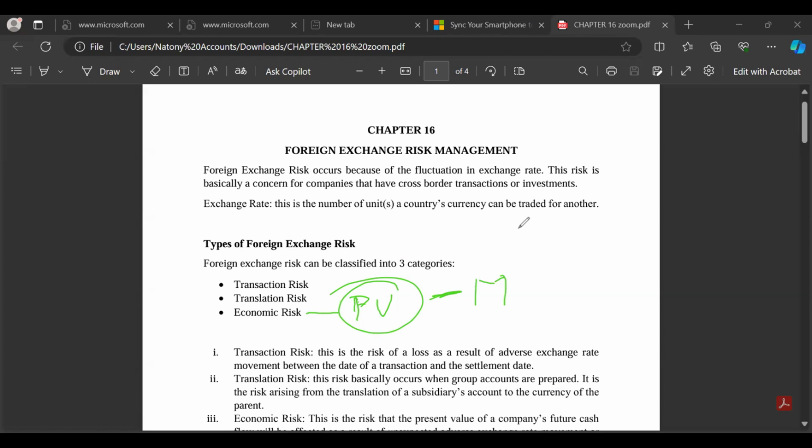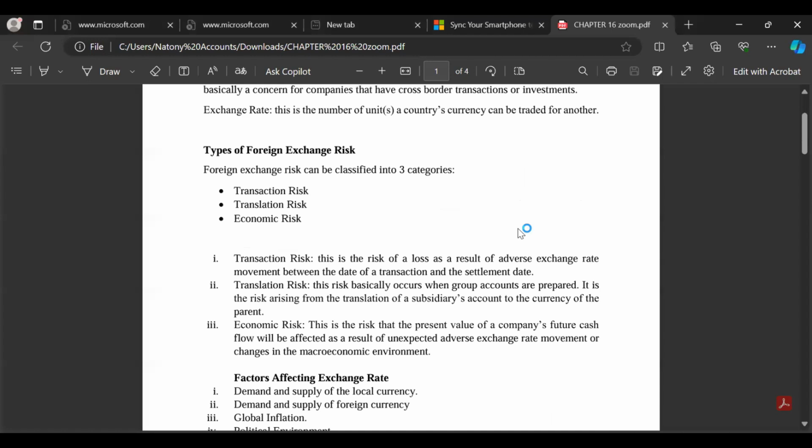When the future cash flow of an investment in a foreign land is affected permanently, the company is faced with economic risk. So economic risk is the risk that the present value of a company's cash flow will be affected as a result of unexpected adverse movement in the exchange rates or changes in the macroeconomic environment.